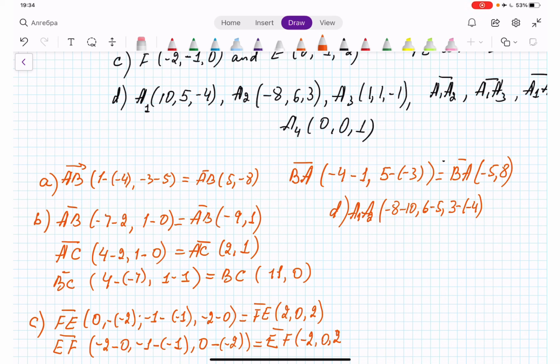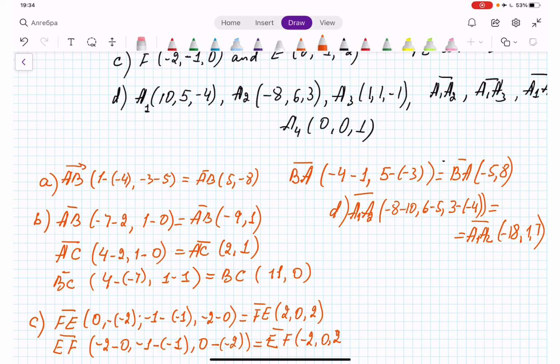So vector A1A2 has coordinates negative 18, 1, and 7.